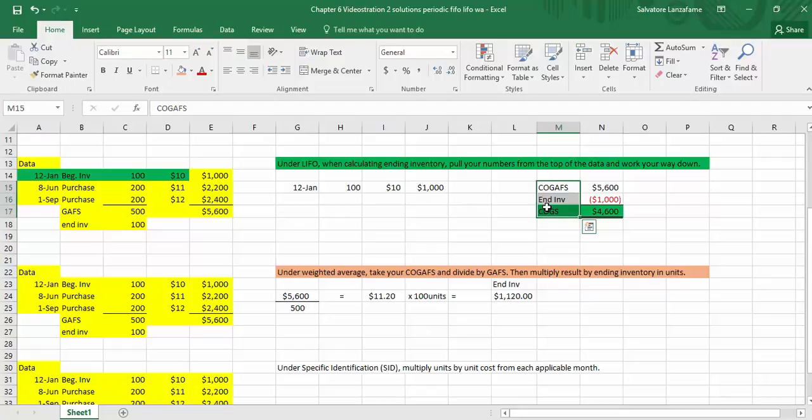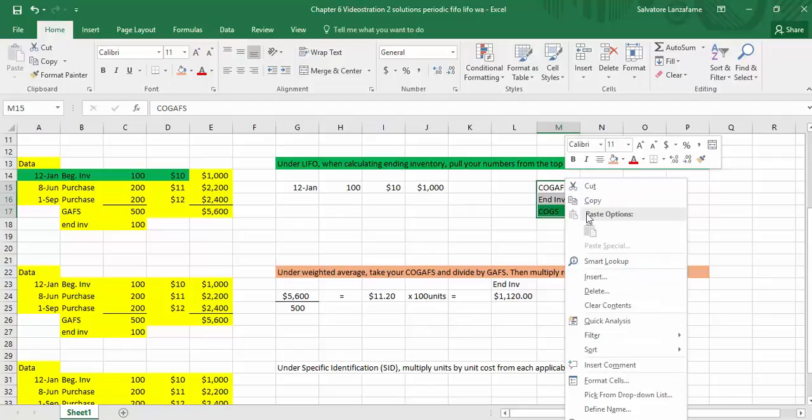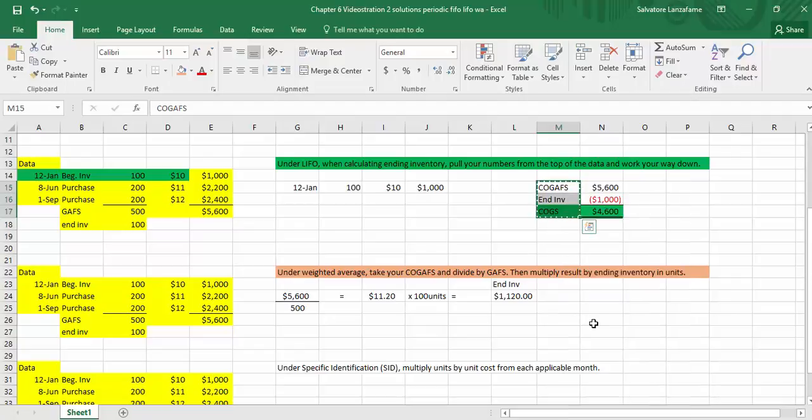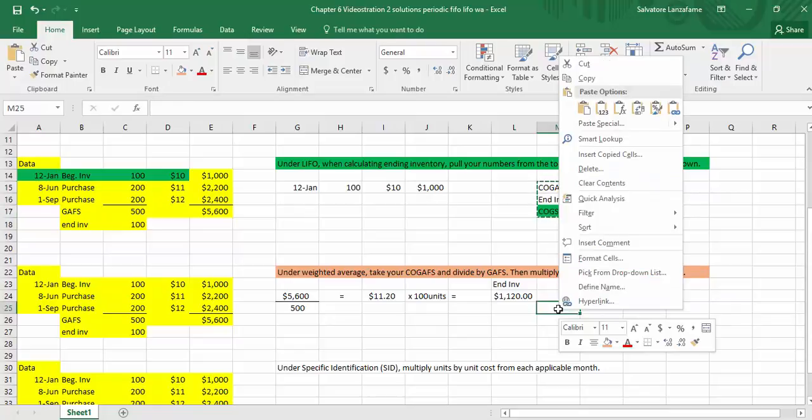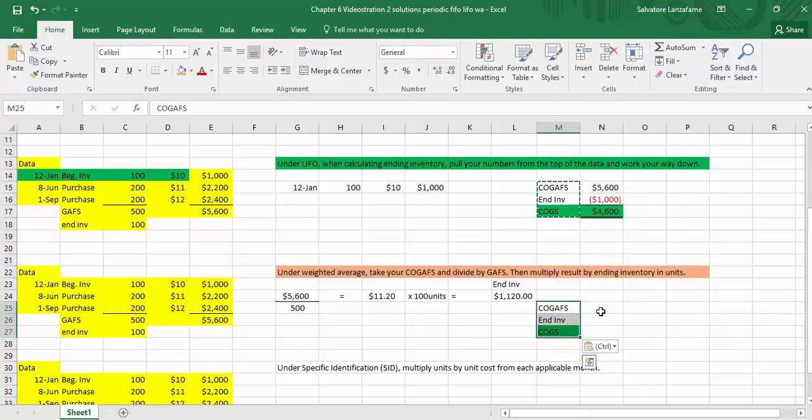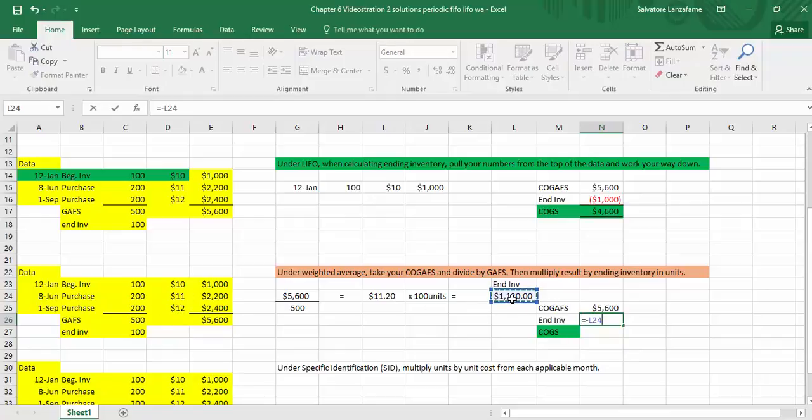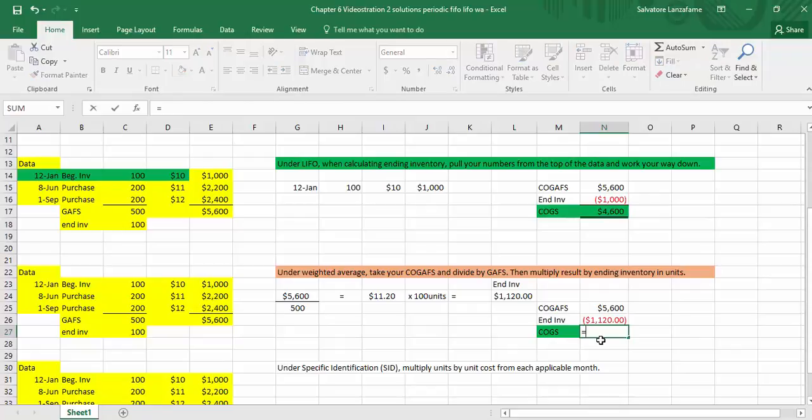There we go. So now let's take a look at our results of computing ending inventory with cost of goods available for sale to come up with the cost of goods sold result. So again, we have 5,600 less ending inventory, which we just calculated as 1,120. And now we want to do that subtraction, and we end up with 4,480.